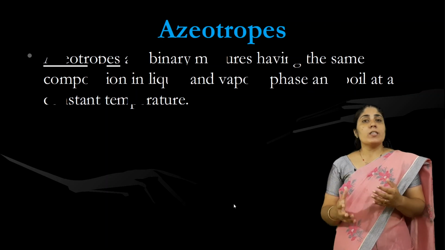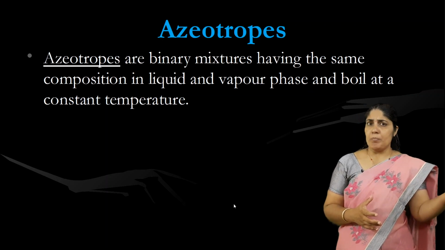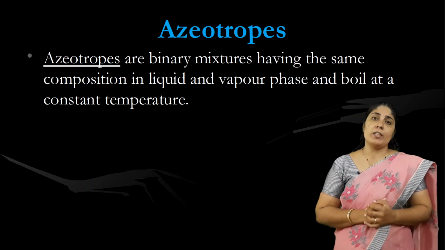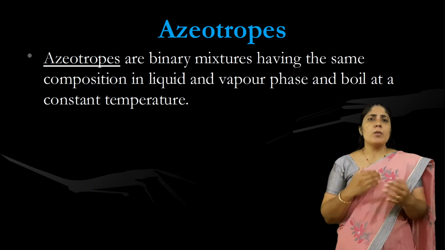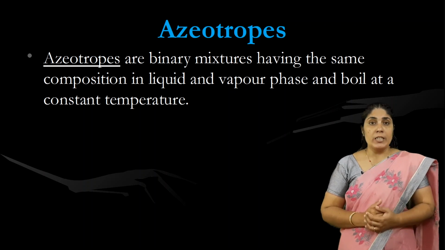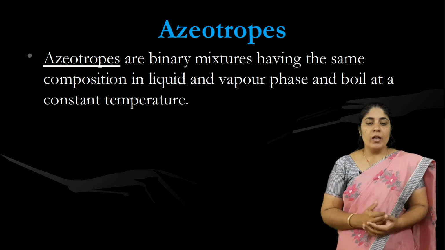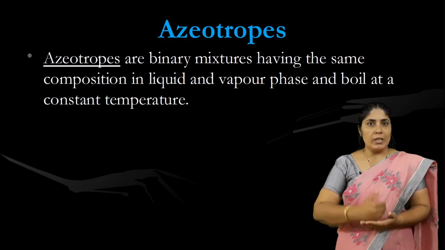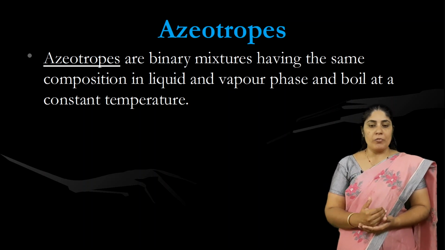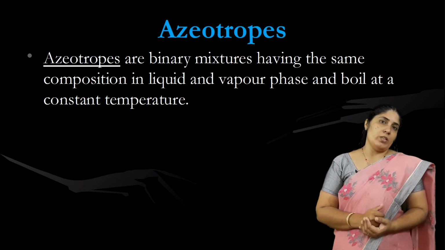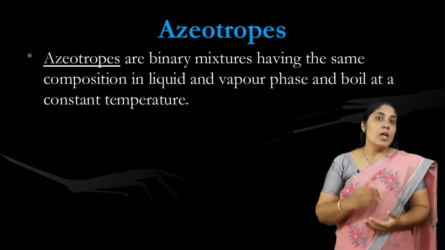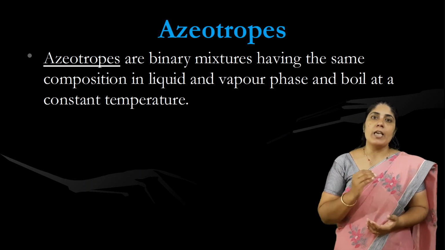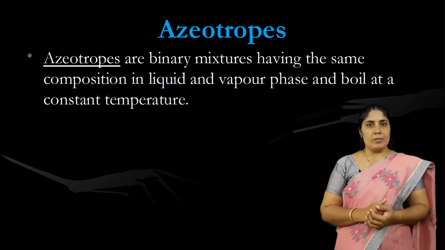Now, when we consider these solutions, whether it be a positive deviation non-ideal solution or a negative deviation non-ideal solution, we come across a particular condition where the binary mixtures have the same composition in the liquid and vapor phase and boil at a constant temperature. Such solutions are called azeotropic mixtures.